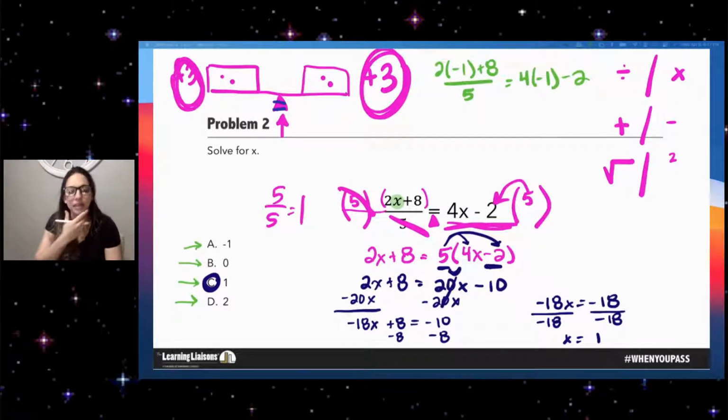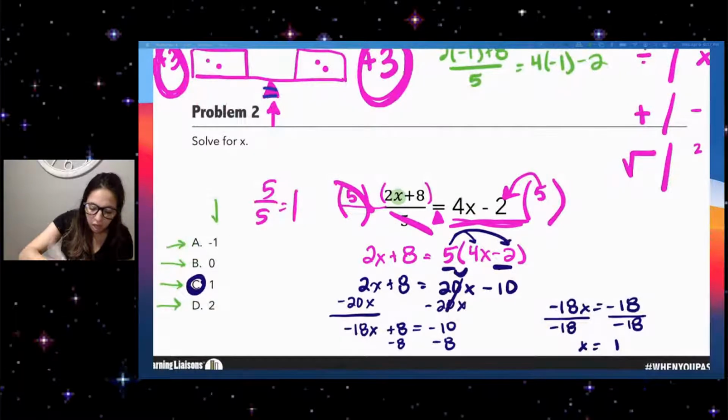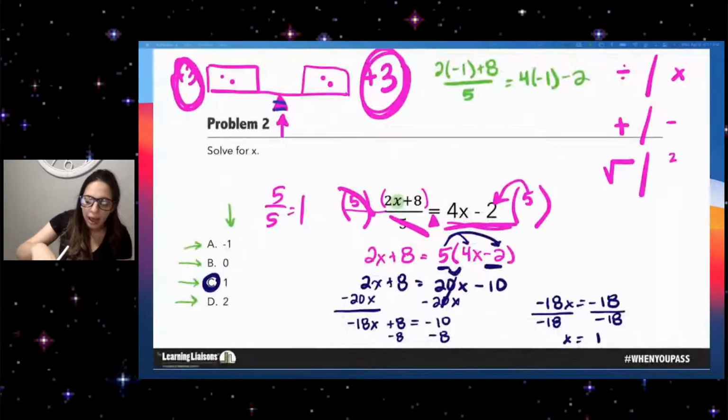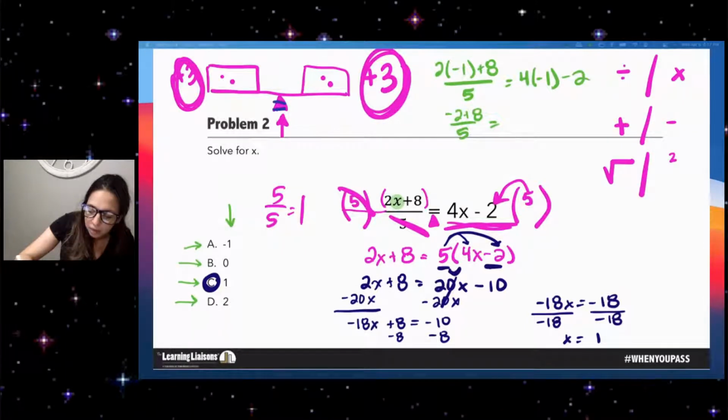If I plug each of these values in, the way I know that my answer is correct is if it works. 2 times negative 1 is negative 2, plus 8, divided by 5, equals 4 times negative 1 is negative 4, minus 2. Negative 2 plus 8 is a positive 6 over 5, equals negative 4 minus 2, which is negative 6.